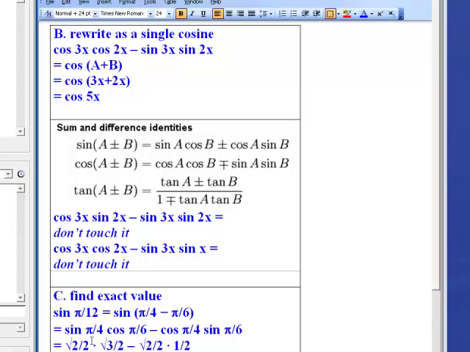I get square root of 6 over 4 minus the square root of 2 over 4. That really seems like what we had earlier. In fact, that's exactly what we had earlier.